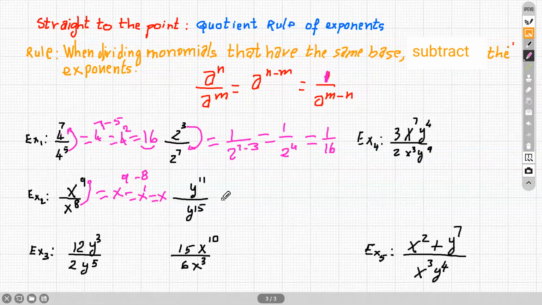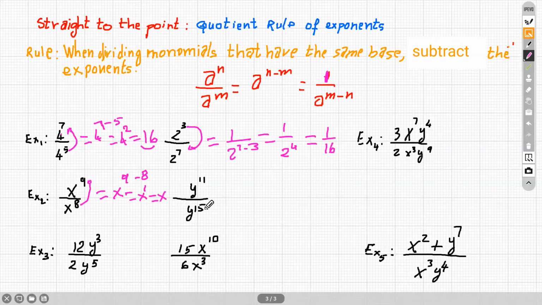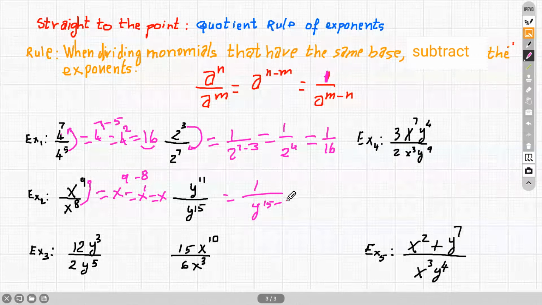Quickly, here is another example. This time, if I compare 11 and 15, 15 is greater. So I'm going to move the 11 in the denominator. And since there is nothing in the numerator, I'll put 1 to hold its place. So y to the 15, bringing 11 down, minus 11.